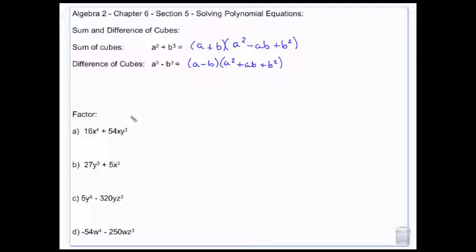Okay, so when you're factoring, the first thing you want to do is see if you have a greatest common factor. Then the next step is to see if it's a special polynomial. A special polynomial would be a difference of squares, a sum or difference of cubes, or a perfect square trinomial.